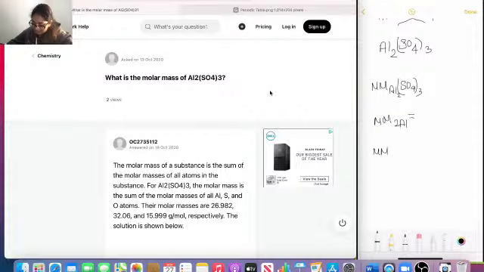And sulfate has 4 oxygen atoms. Since we have 3 sulfates, we multiply 4 times 3, and so we have 12 oxygens, okay?